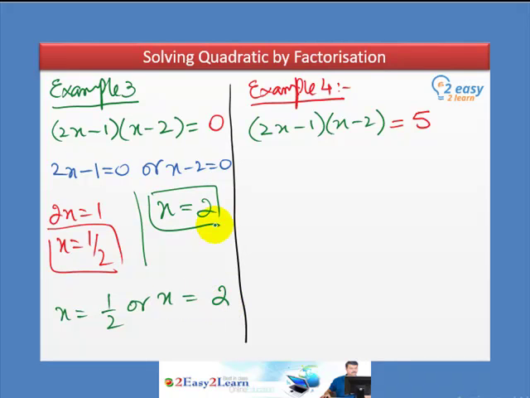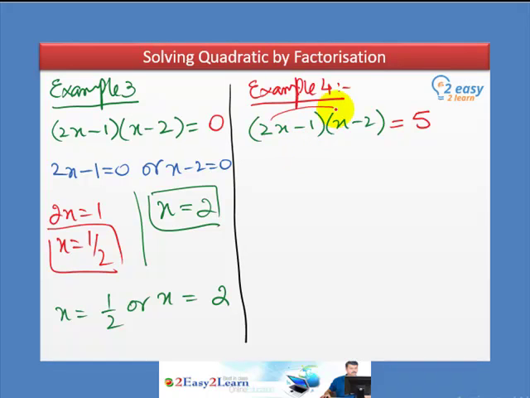But when we have factors equal to another number other than 0, you cannot equate these factors to that number. What you have to do is expand these factors, make a quadratic equation, factorize it, and then solve this equation. So we have to expand this equation.